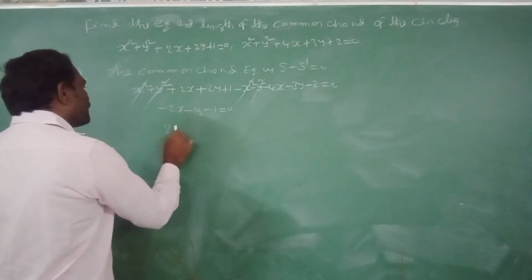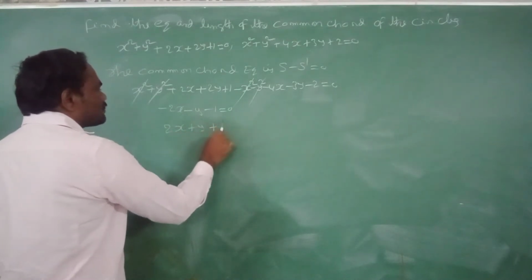So the common chord equation is 2x + y + 1 = 0.